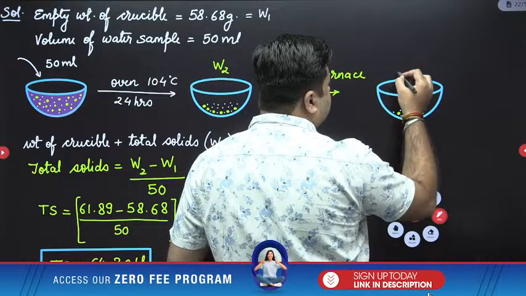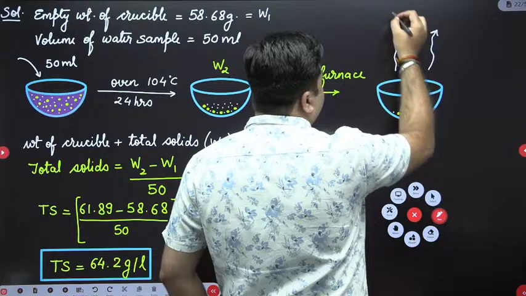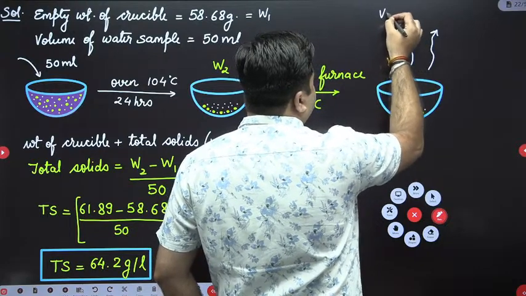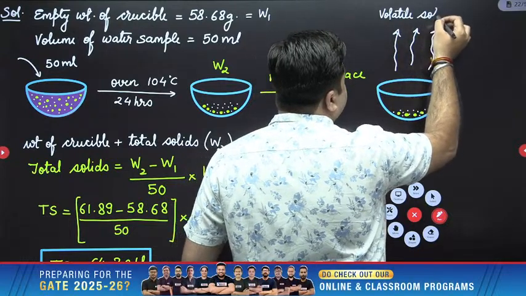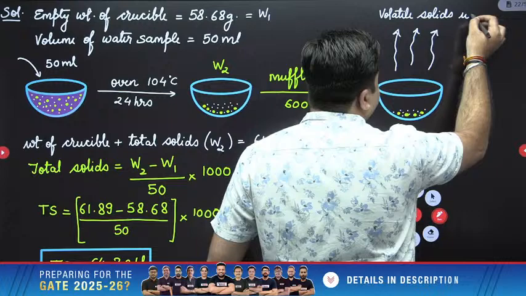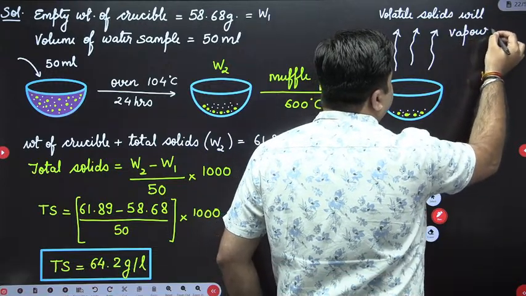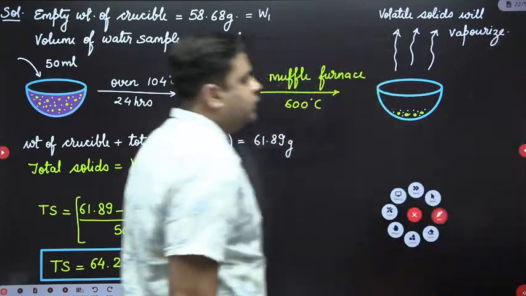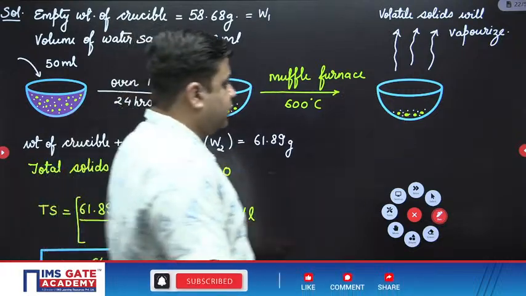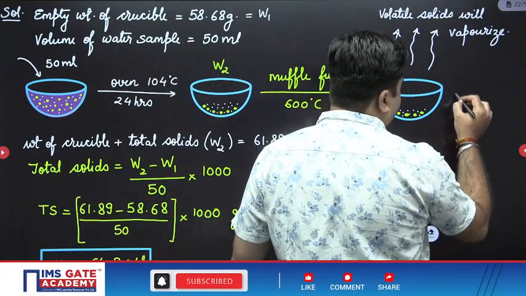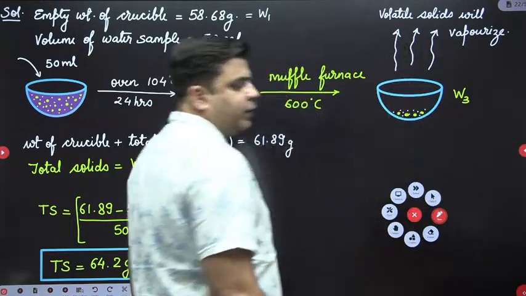All the volatile solids will vaporize, and now this will only contain fixed solids. So W3 is nothing but weight of crucible plus weight of fixed solids.